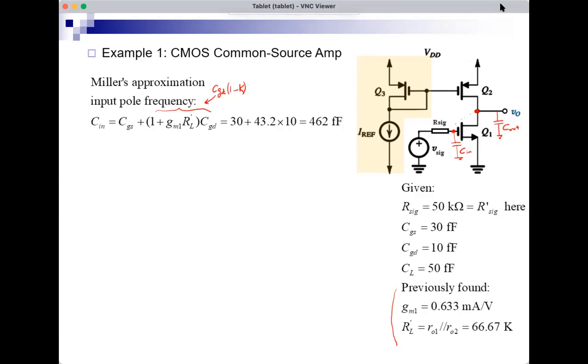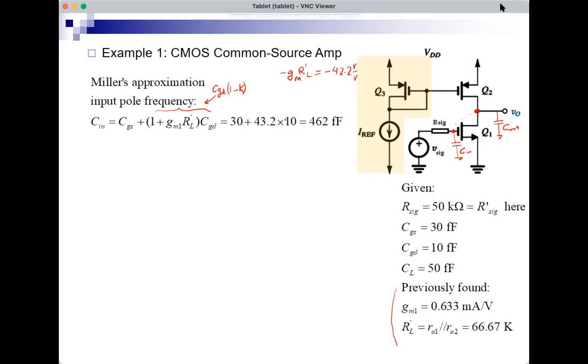The gain for this amplifier at low frequency was minus 42.2. Again, previously calculated. So this is where the 43.2 comes from. It's 1 plus 42.2. And this multiplies CGD times 10, and we get 462 femtofarads.